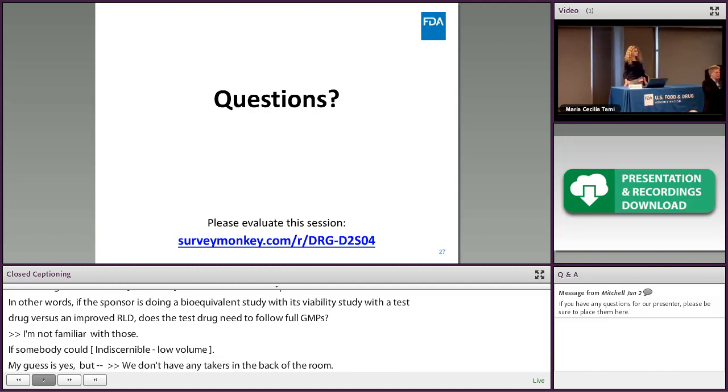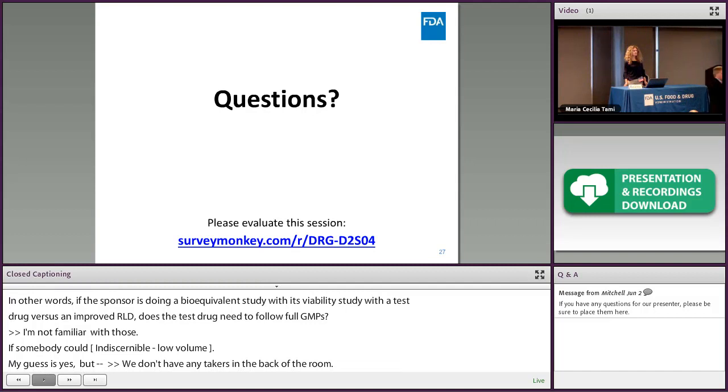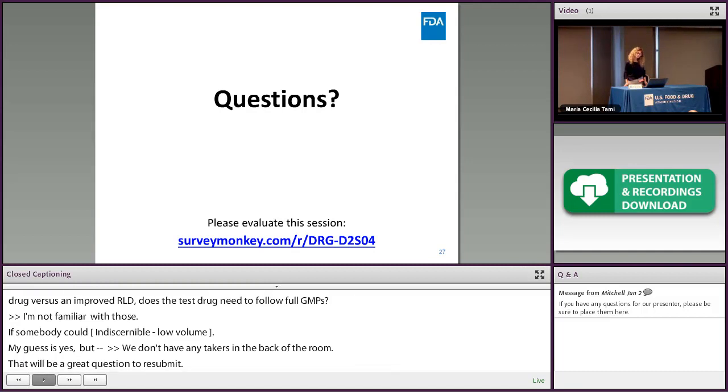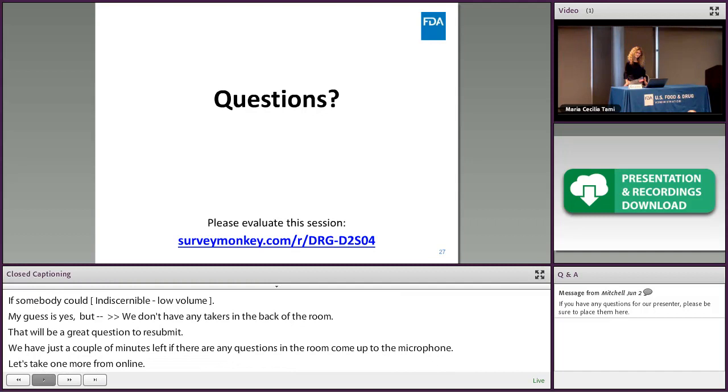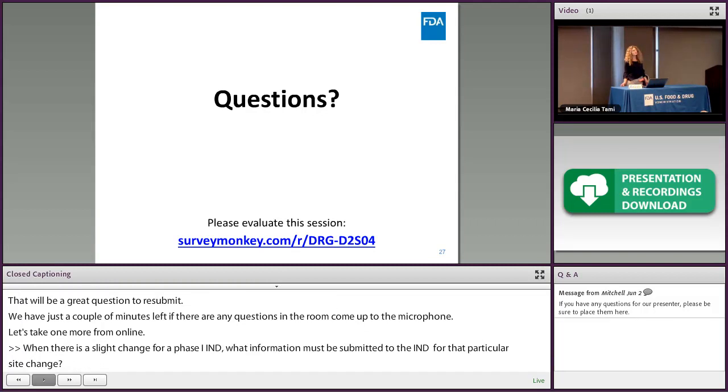We've got just a couple minutes left. If there's any questions in the room, come on up to the mic. Let's take one more question from online. When there's a site change for a phase 1 IND, what information must be submitted to the IND for that particular site change? So it depends on the product, but I guess the question implies that the phase 1 was performed or is ongoing.